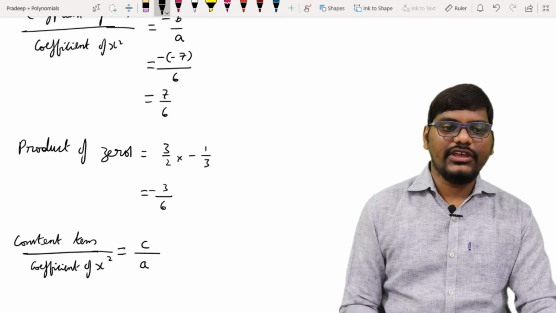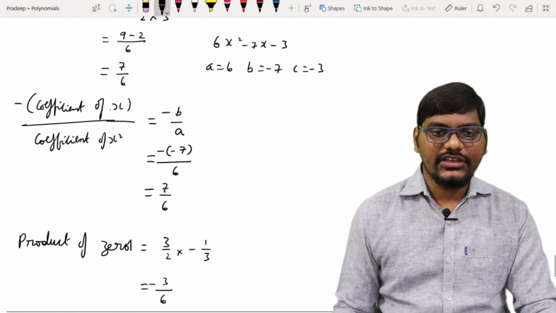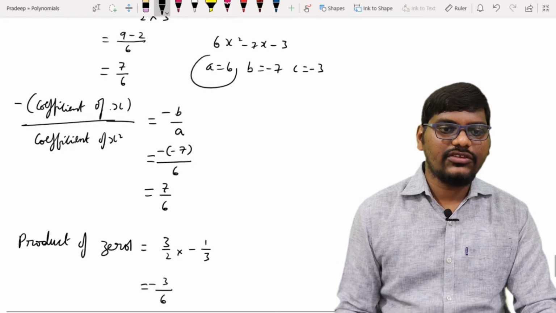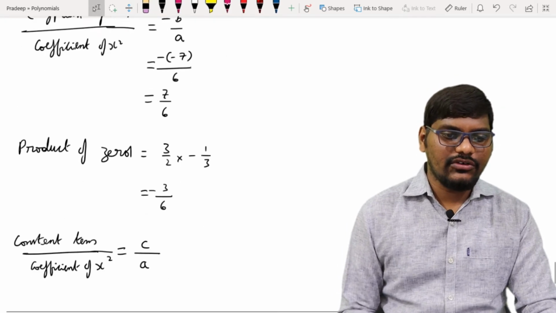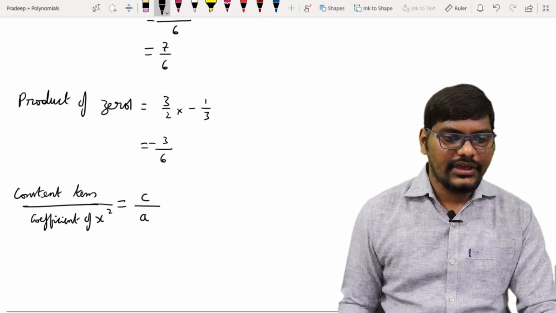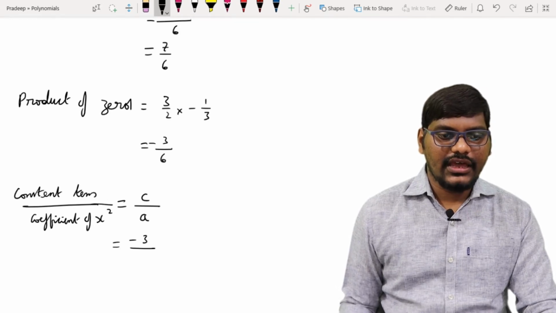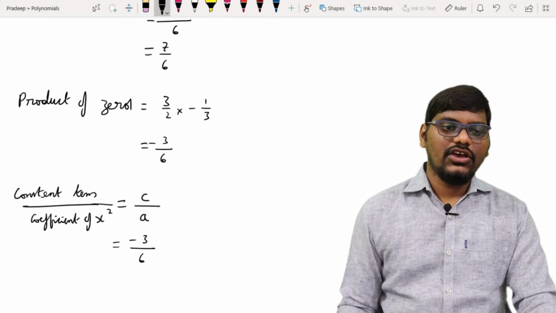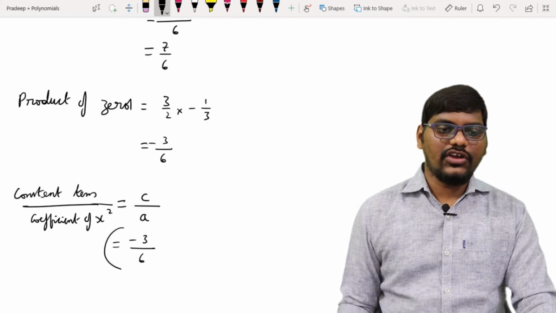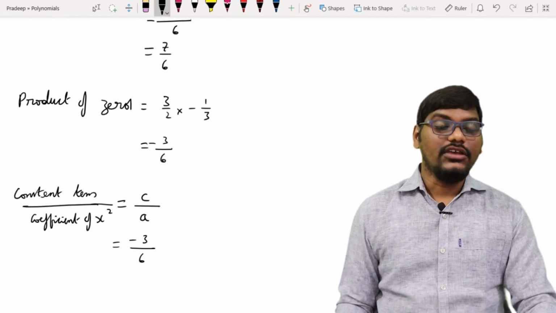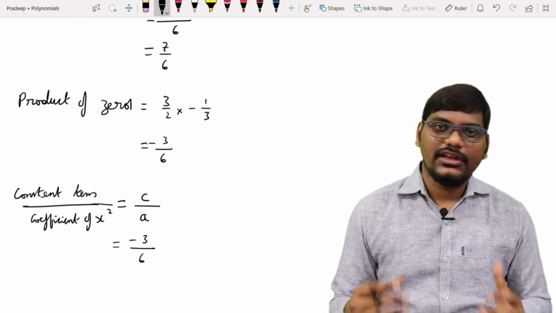What is the value of c and a? We wrote here that c is minus 3 and a is 6. So I can write c is minus 3 and a is 6. So these both we got exactly the same. So this is all about this question. Let's go for the next one.